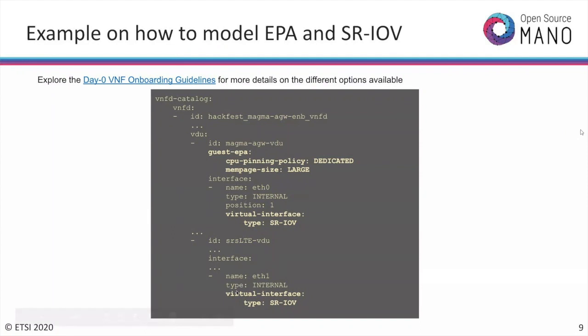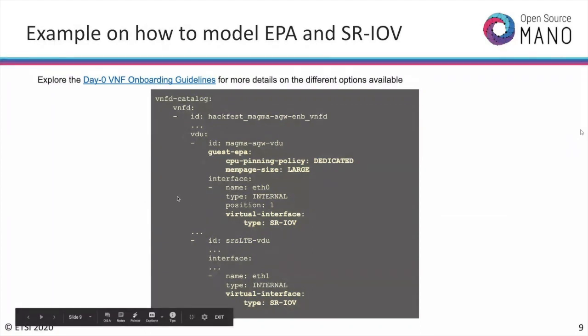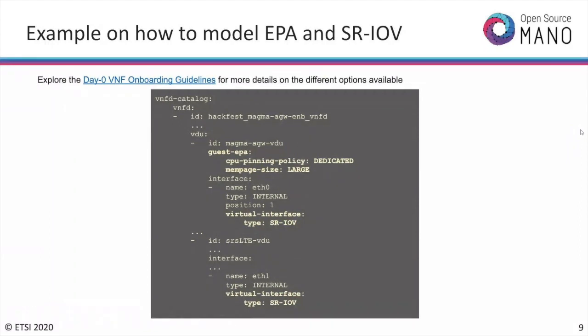For now, this is the presentation where I try to explain theoretically how to enable high performance in VNFs. In the hands-on exercise that we have after lunch, we will be able to experiment with these techniques.